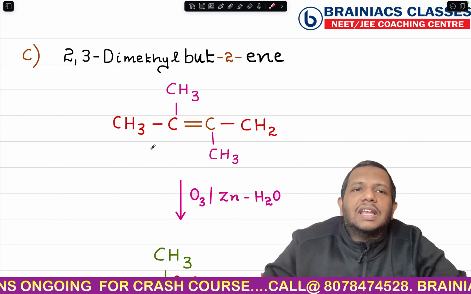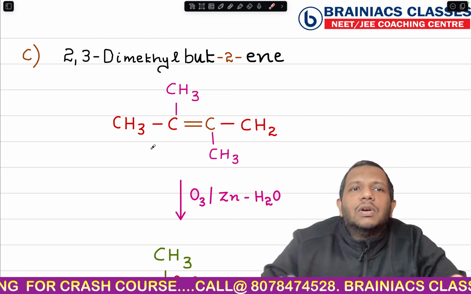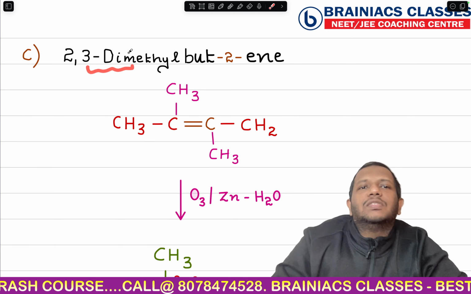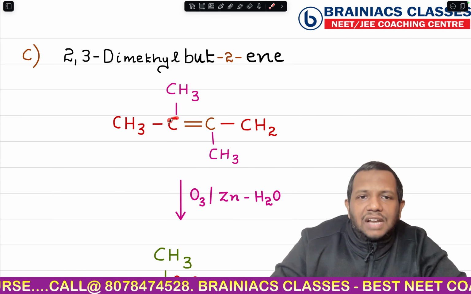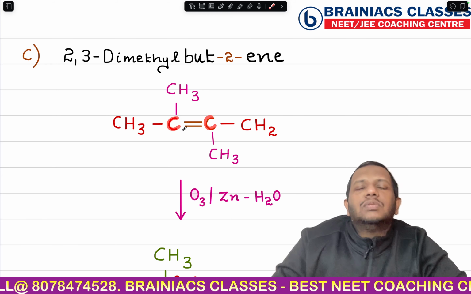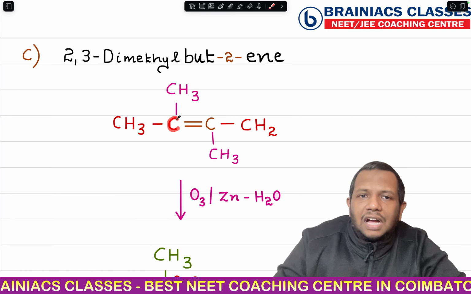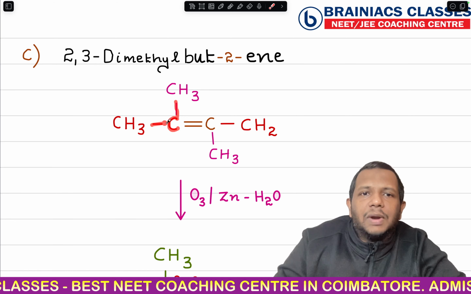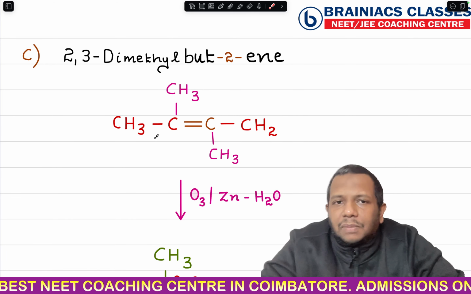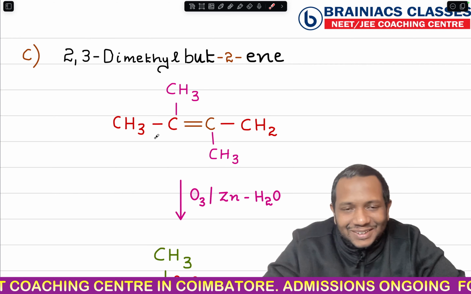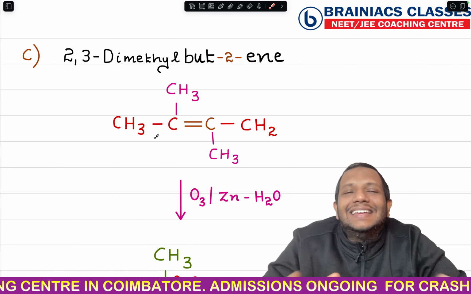I can simply select option C, because only in this option is branching present. If there is branching at the double bonded carbon, then only it will become a ketone. This is my trick actually. With this you can easily get the answer.